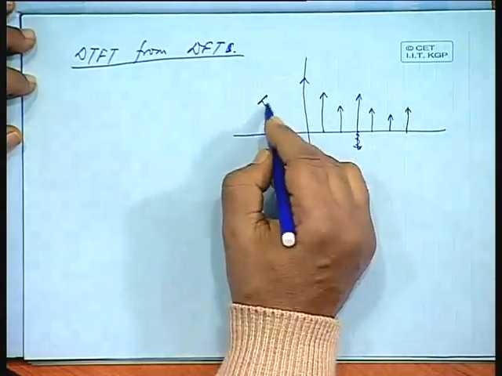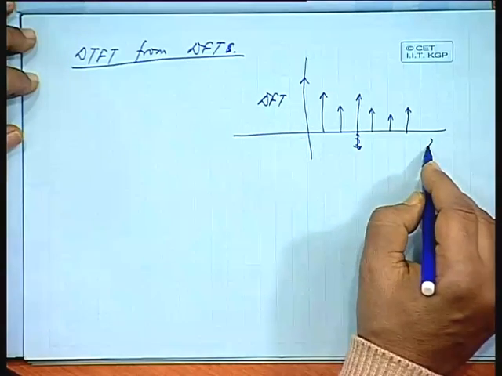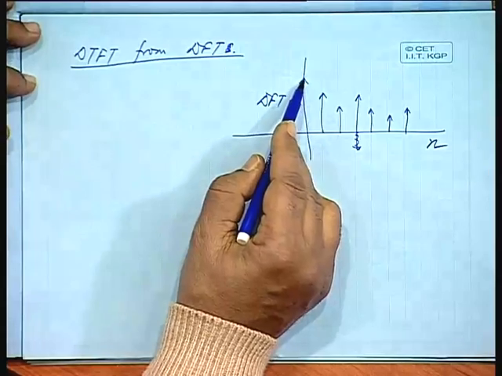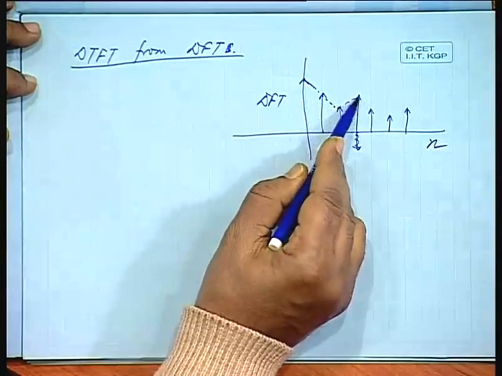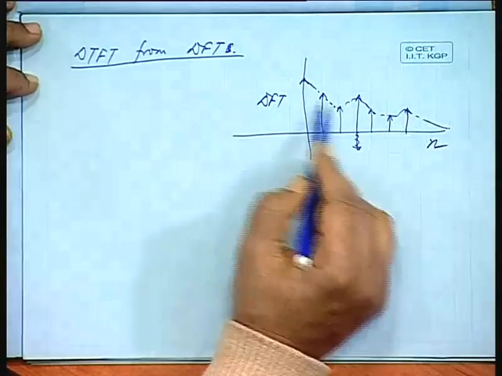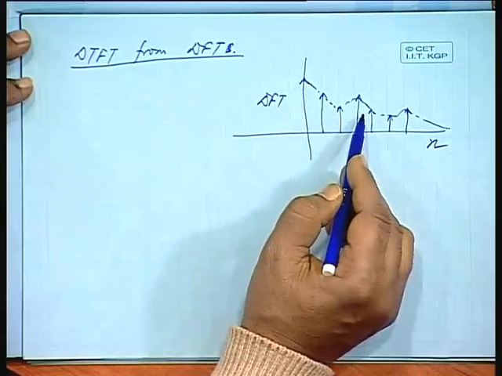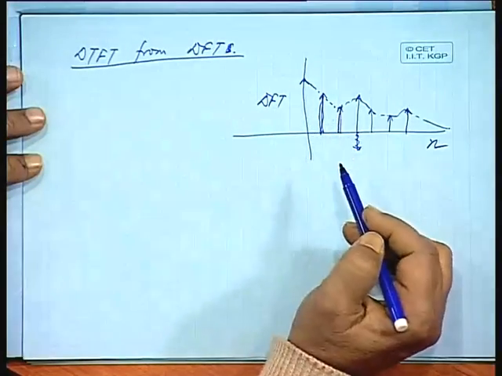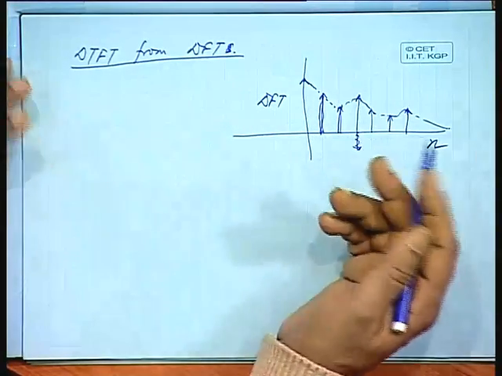Suppose this is a DFT. What we are trying to find out is, what is that continuous function whose discrete values are these. That means we are trying to reconstruct the original DTFT whose sampled values are these DFTs. So, from the sampled values we are trying to reconstruct the original DTFT.